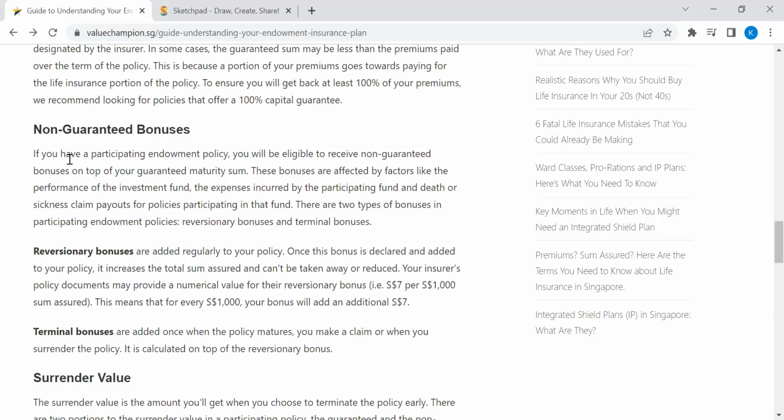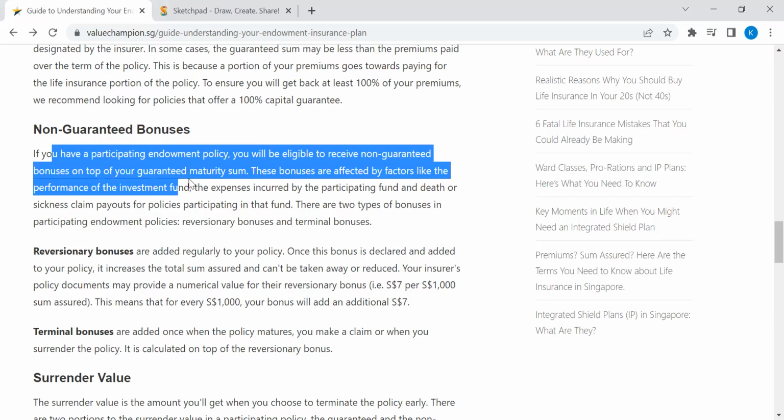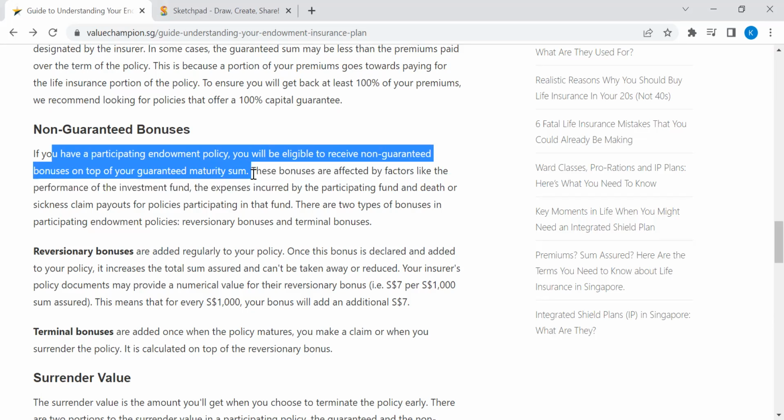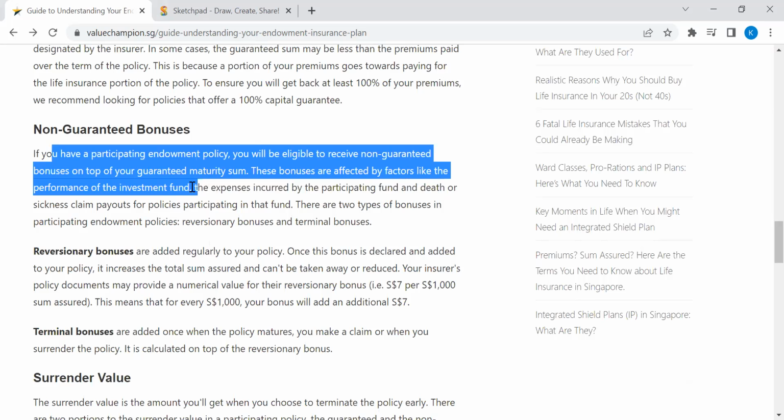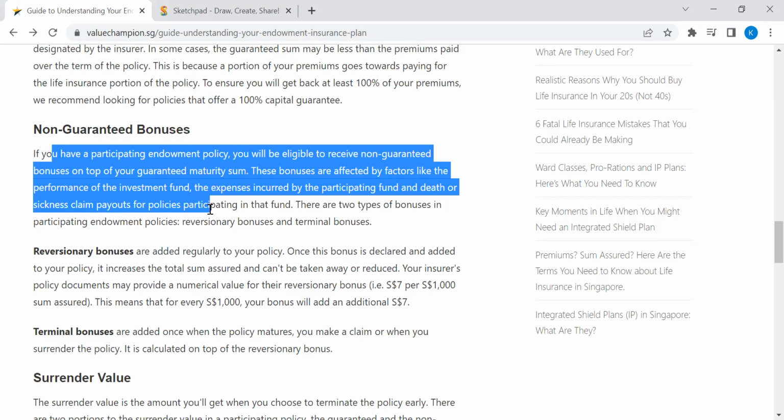Non-guaranteed bonuses. If you have a participating endowment policy, you will be eligible to receive non-guaranteed bonuses on top of your guaranteed maturity sum. These bonuses are affected by factors such as performance of the investment fund, expenses incurred by the participating fund, and death or sickness claims paid out for the policies participating in the fund. Right?